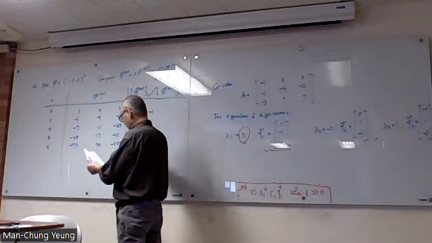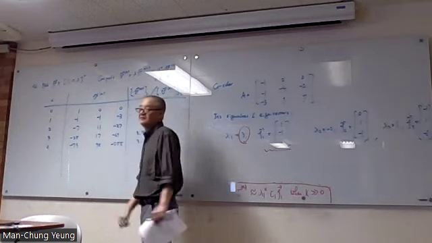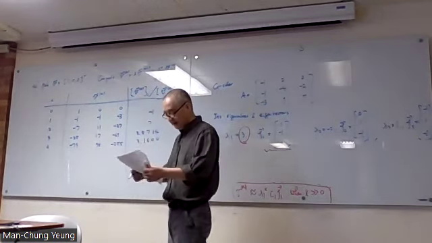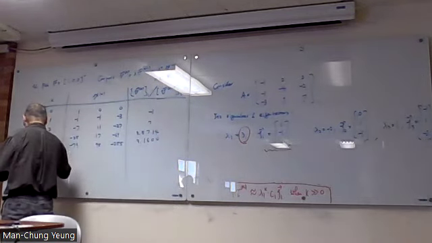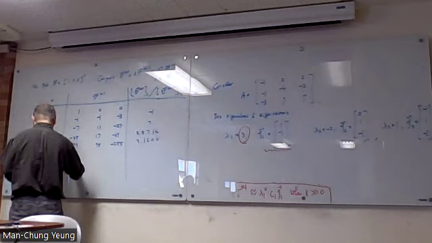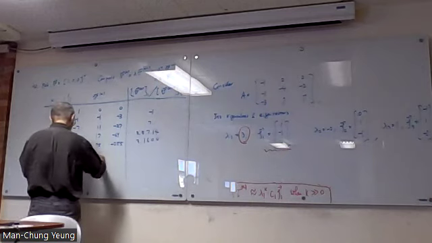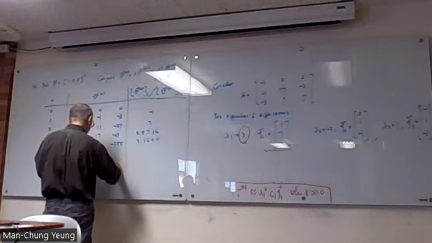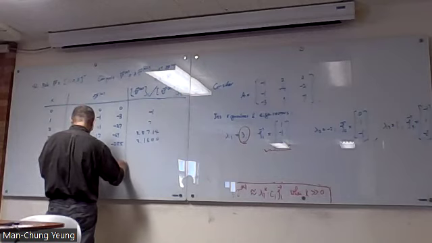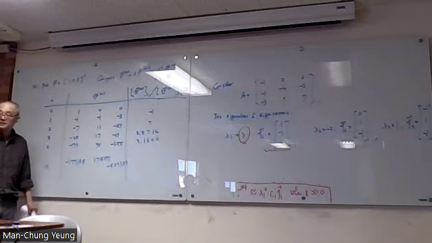But the ratio is 3.16. Continue. When k is 11, then wow, very large. The entries of Vk are large.